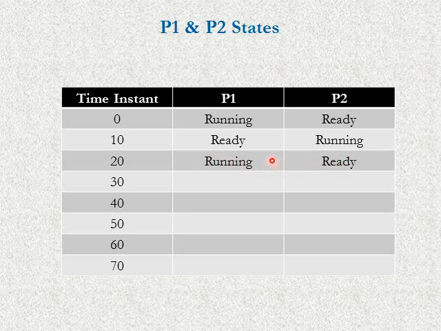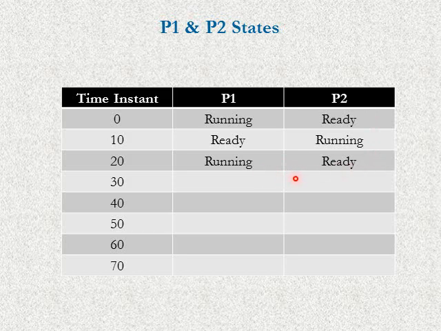At this point, P1 has elapsed 20 seconds, while P2 has elapsed 10 seconds out of 40. So 20 seconds for P1 are still left, while for P2 30 seconds are still left.